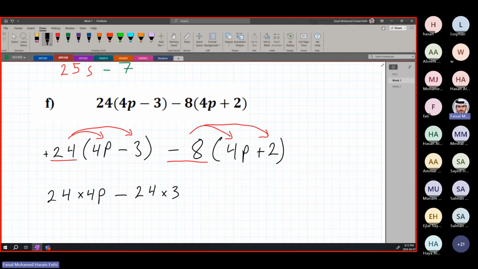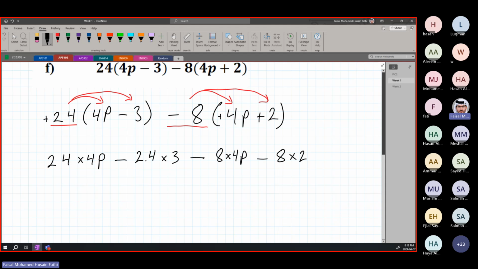We are finished with the first part. Now the next part, we have minus 8 times 4p. Negative times plus is negative, so minus 8 times 4p. And then minus 8 plus 2, minus times plus is minus, and then 8 times 2. This is how I usually do it, and then you can start simplifying.